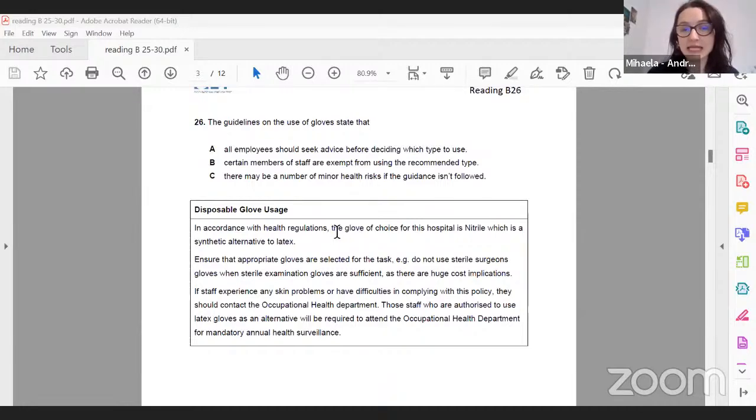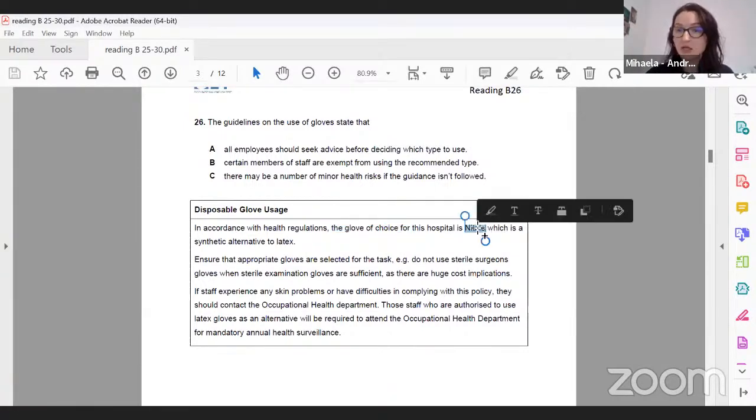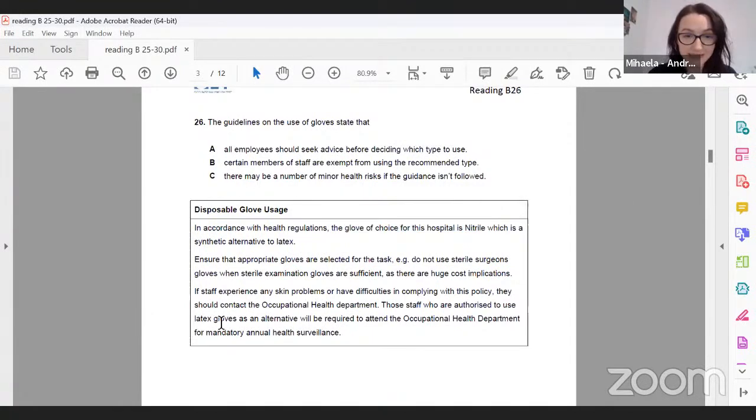But your text says the glove of choice is this one, meaning that the standard use of gloves is this one. Only those people that cannot use this one will then choose latex gloves. Not everybody, because for everybody the rule is the same. You have to use this glove, not this one.